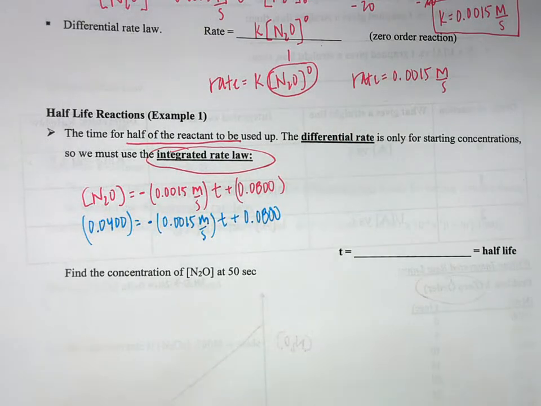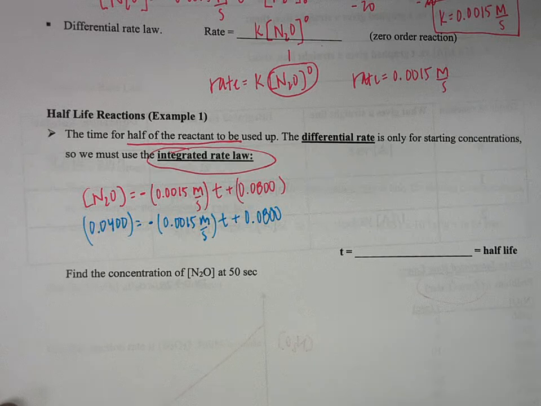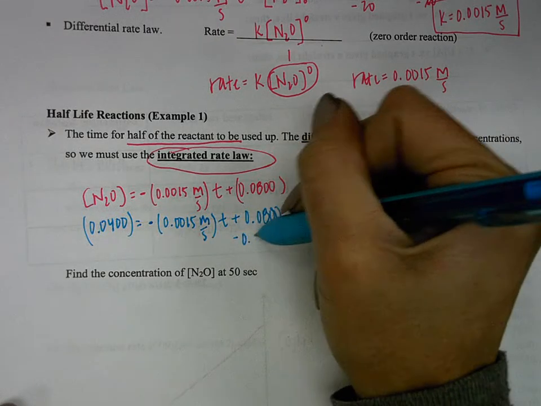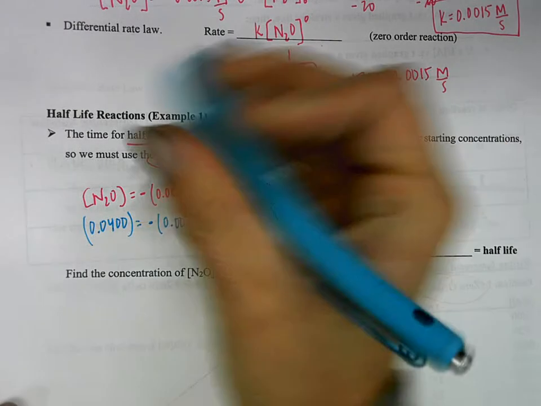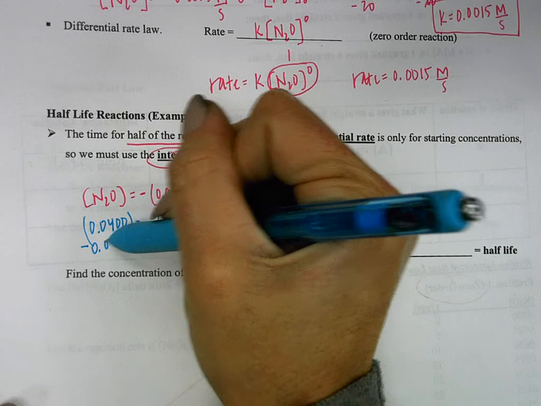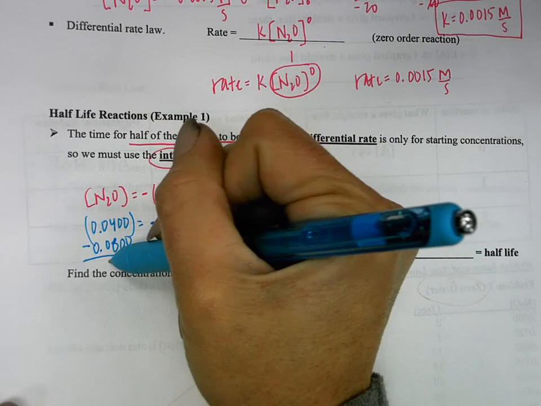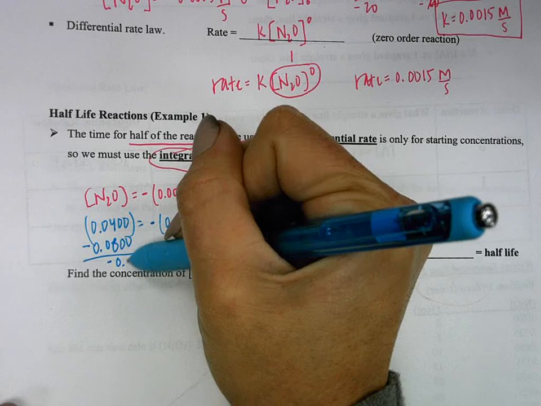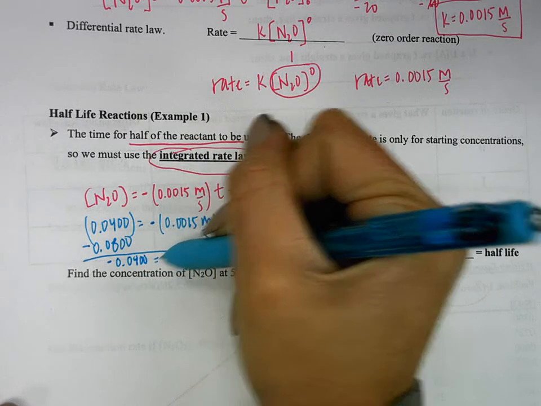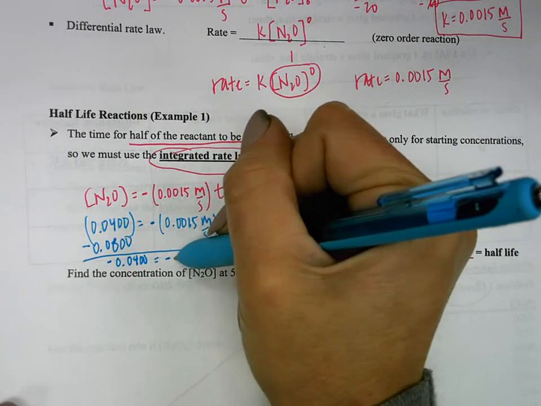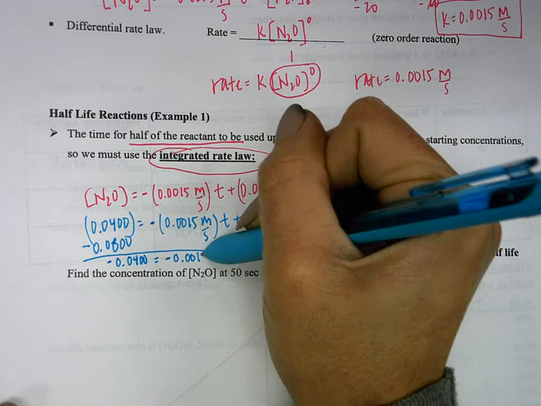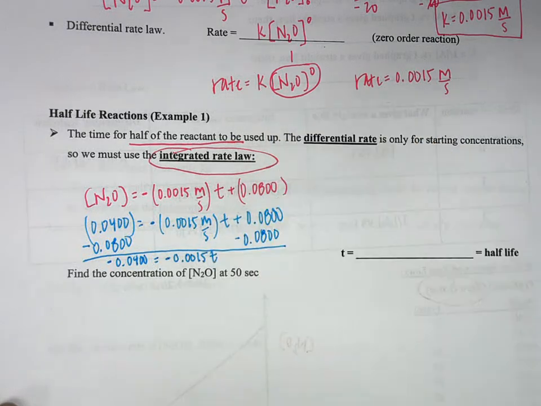Okay, so we're going to solve for our time. We got negative 0.04 times time.